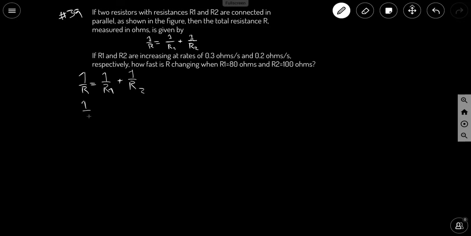I'm just going to plug in my numbers. R1 is given to be 80 ohms, and R2 is given to be 100 ohms. So from here, I'm going to use my calculator.